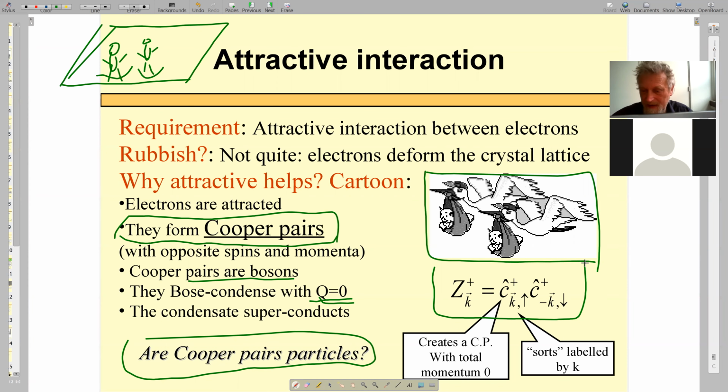Yeah, it creates two electrons with opposite K and opposite spins. Cooper pair has 0 overall momentum, but it can come in different sorts, which are labeled by this K. So K is not momentum, the momentum of a Cooper pair, but rather its index.